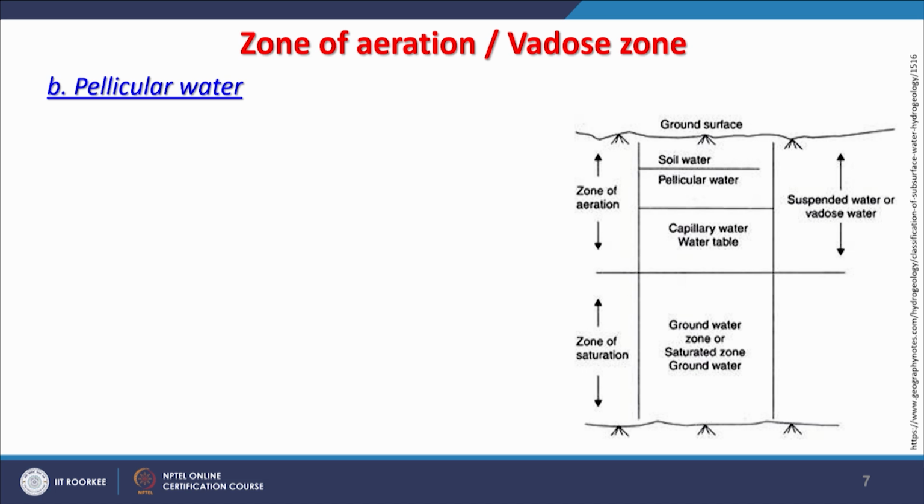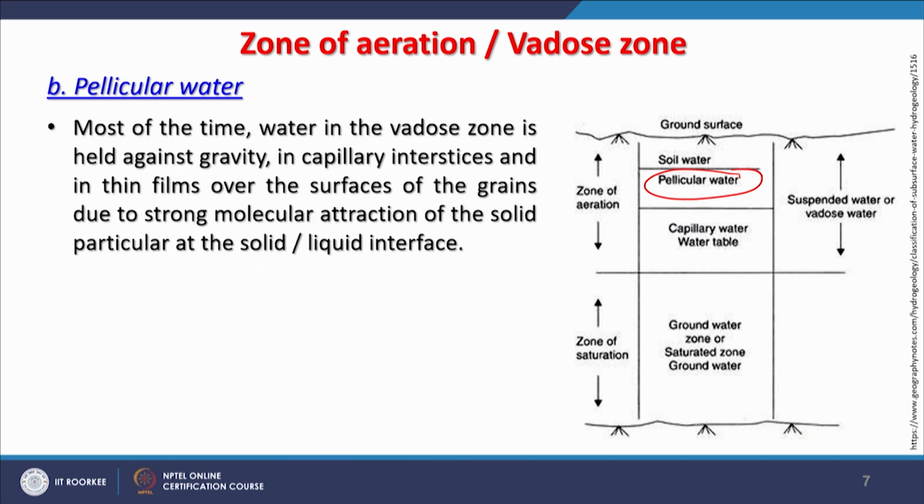Now, the second zone is the pellicular water, which is water in the vadose zone that is most of the time held against gravity, in capillary interstices and in thin films over the surface of the grains, due to strong molecular attraction of solid particles.